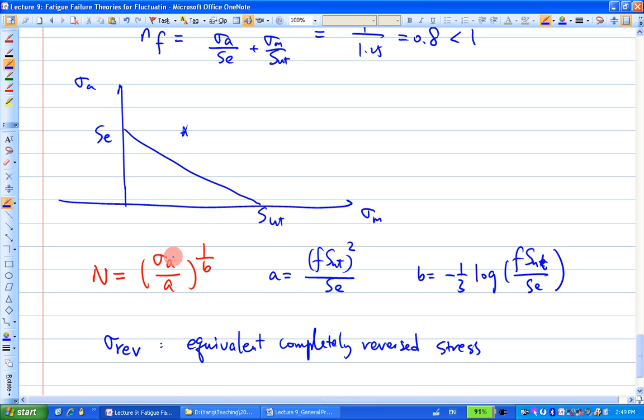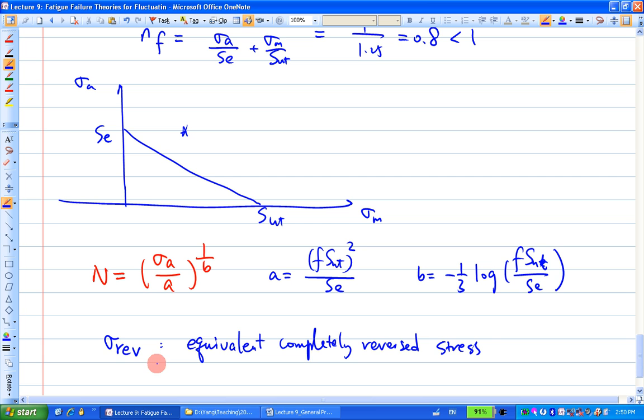Then I substitute this over here to calculate the A. Because if you look at A and B, they don't involve this sigma A. They're just based on the property of the material. So it's just this guy here.